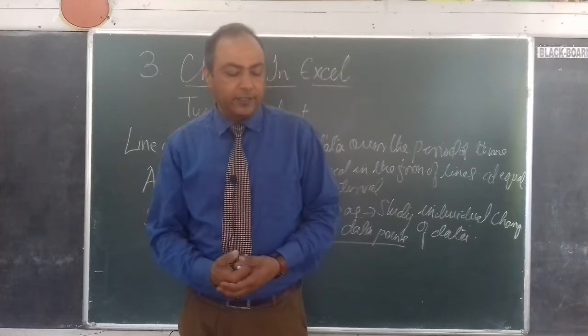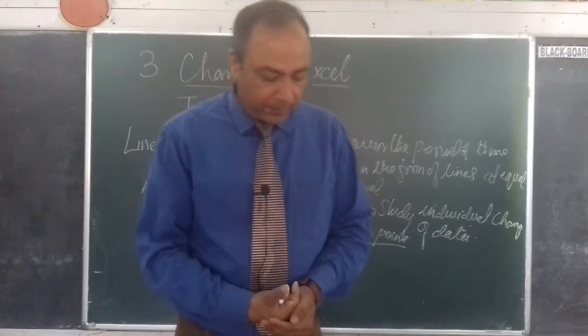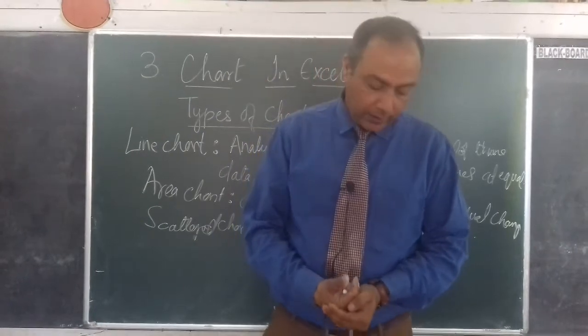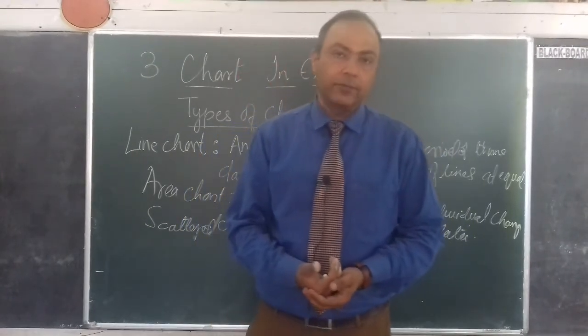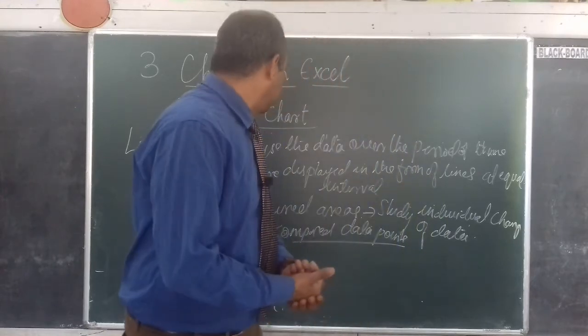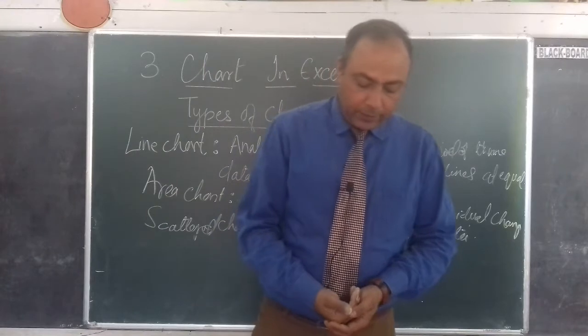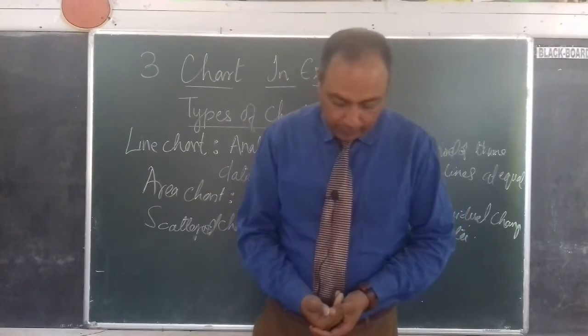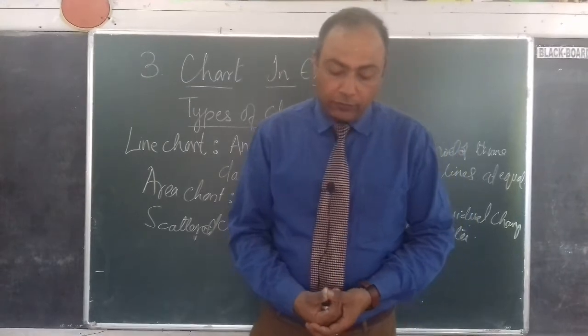It displays the relationship between the two variables, so the relationship is displayed when we use this. It's also called a scatter XY chart. It helps you compare data in a large number of data points, and it shows the relationship between the two variables.